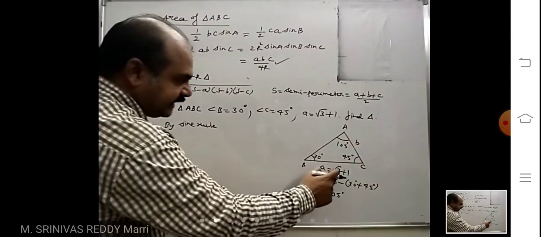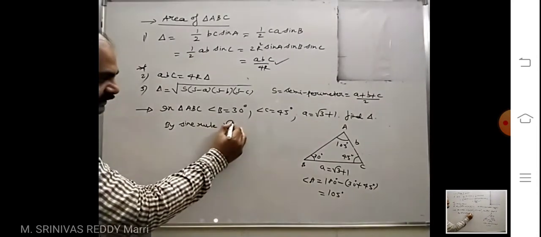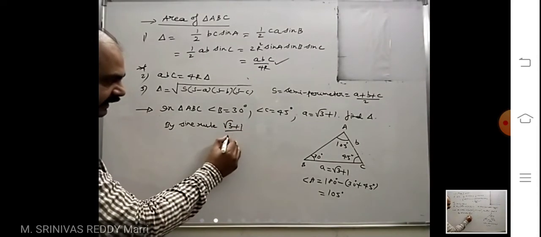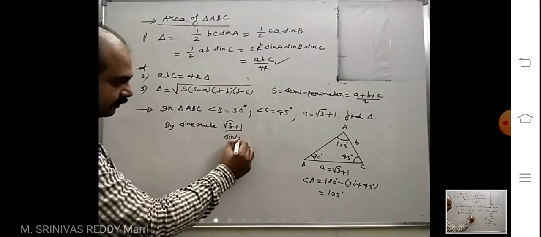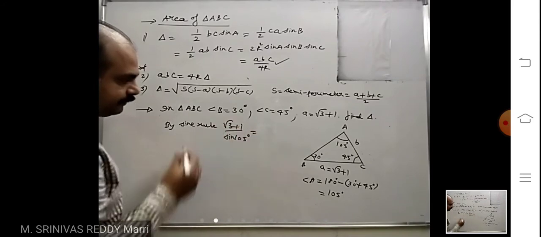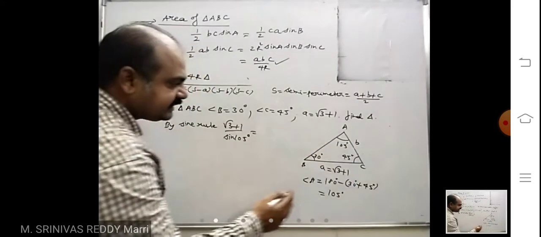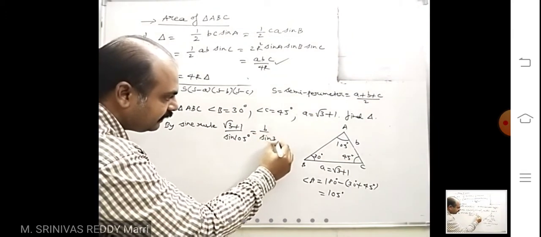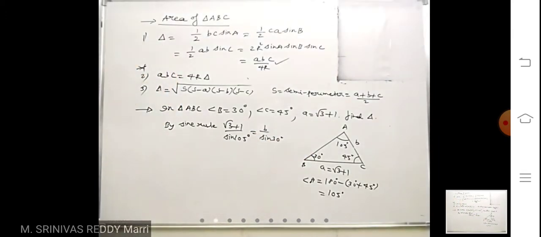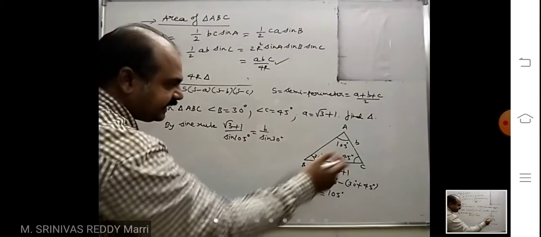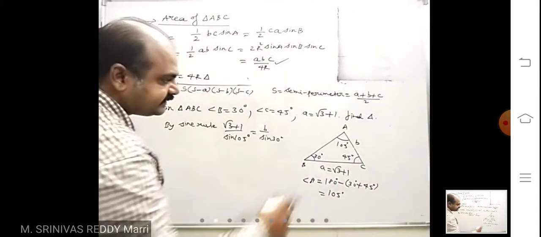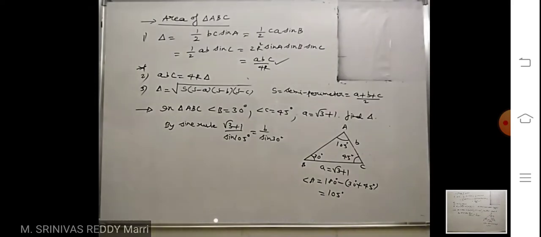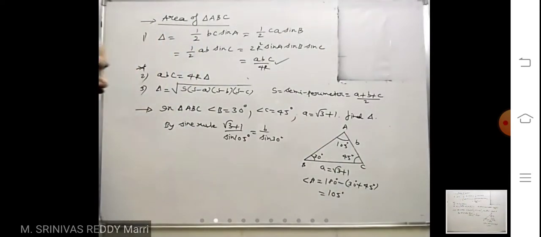What does the sine rule state? The length of a side divided by the sine of the opposite angle is equal to the length of another side divided by the sine of its opposite angle. Because I want to calculate b, no need to write another one. You can also write c divided by sin C, but I don't want that one. Only the area; if this side is known, that is enough.